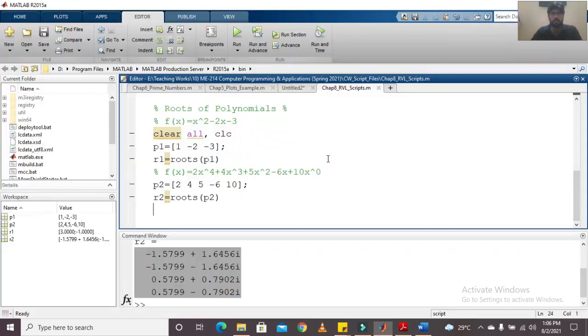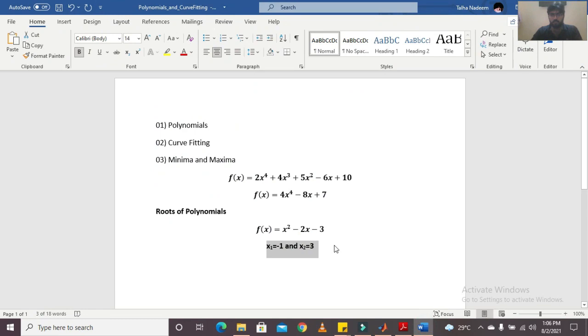For example, if I want to write the function f of x, instead of writing it like this, here we have two solutions, first -1 and second 3.